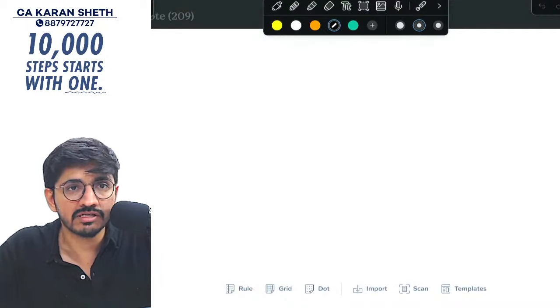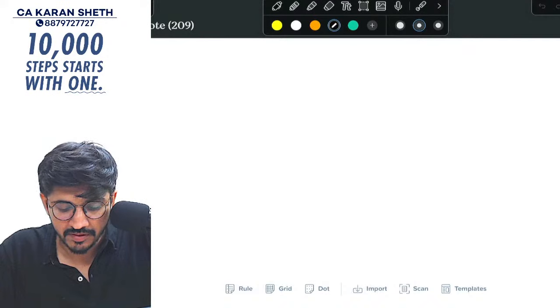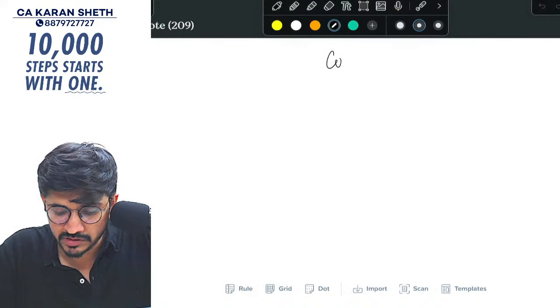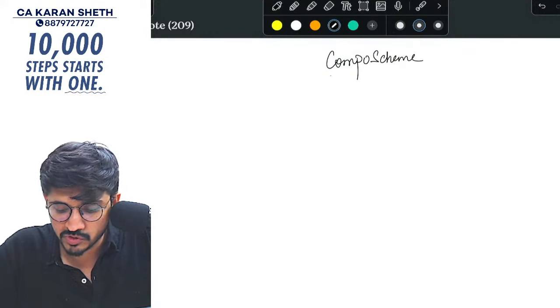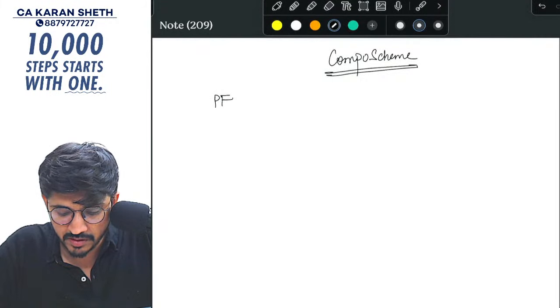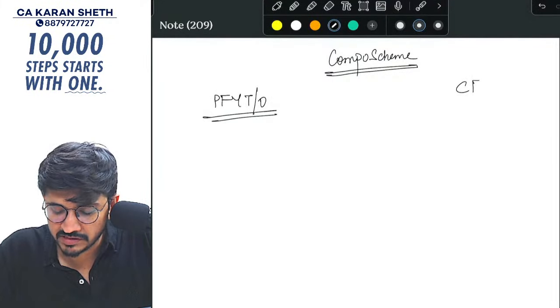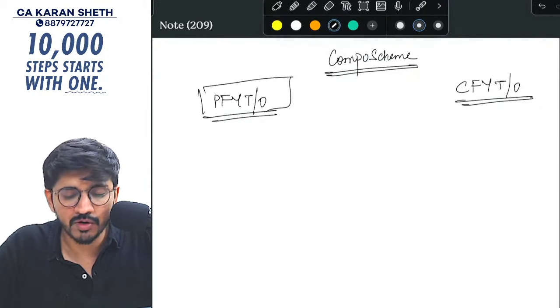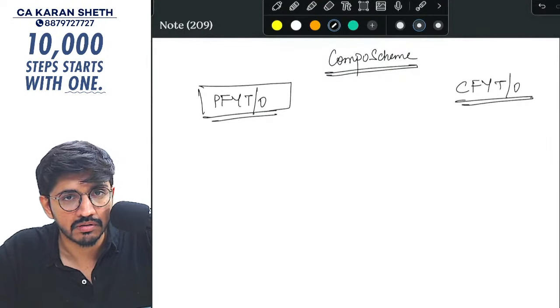Before we do the concept, a quick revision. When it comes to composition scheme, there are two things to be understood: the previous financial year's turnover and the current financial year's turnover. Why do we see the previous financial year's turnover?